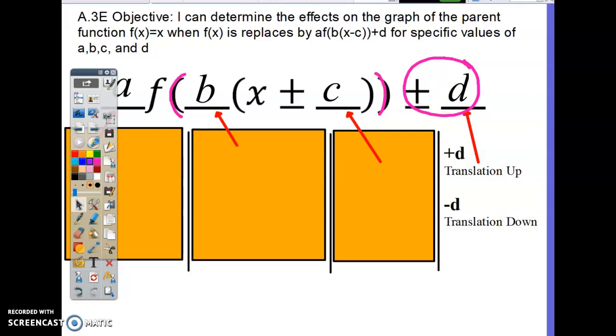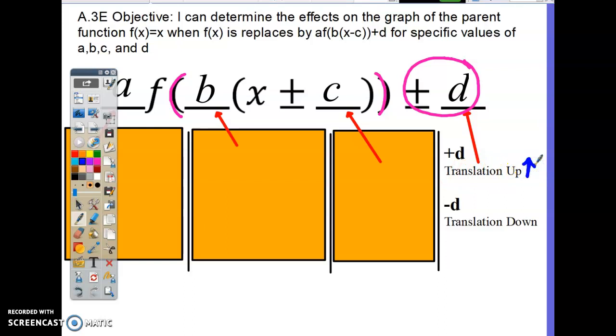I really want you to pay attention to all of this, because it's going to be on the quizzes that we do in just a little bit. You're going to use your notes to get all the answers from the quizzes. Again, if this symbol is positive, positive 2, positive 3, whatever it is, that means it's going up. Translation up.